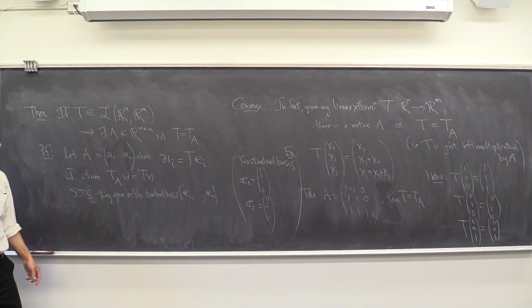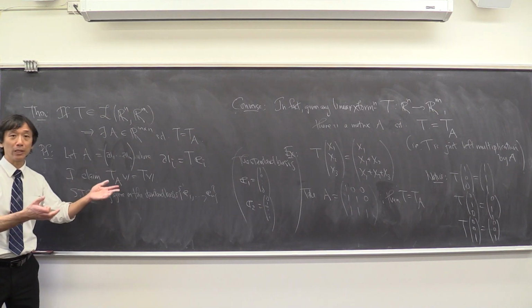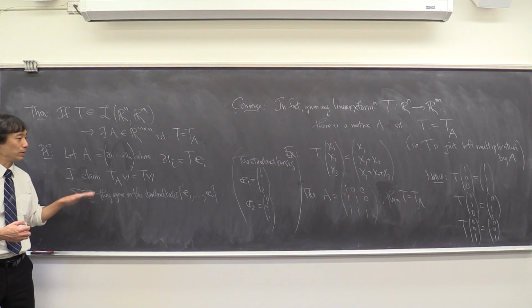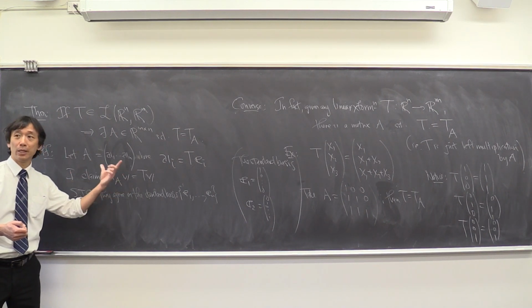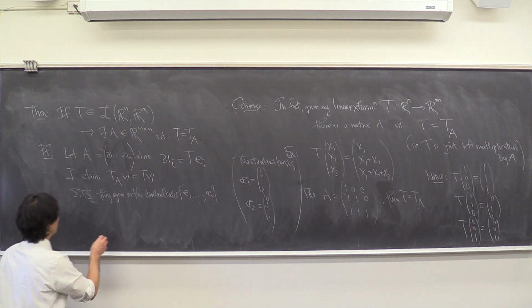Right? That's because if they agree on this basis, then they agree everywhere. Right? Remember, these guys are linear transformations. As long as they agree on a basis, they agree everywhere. Okay, so let's look.